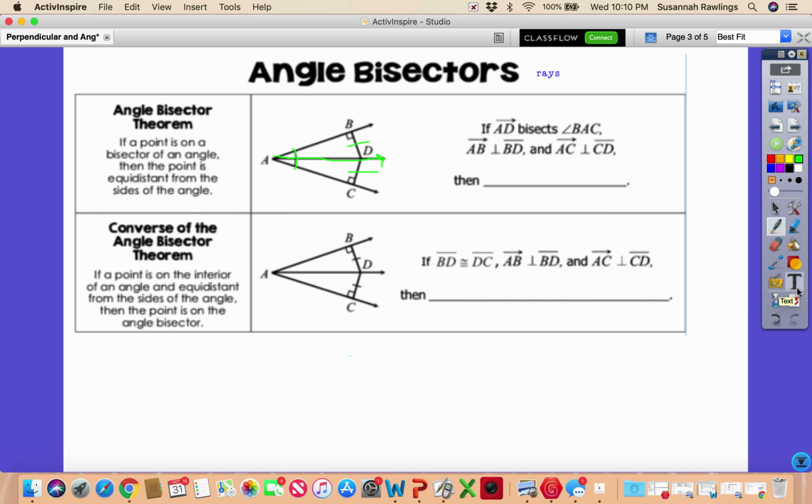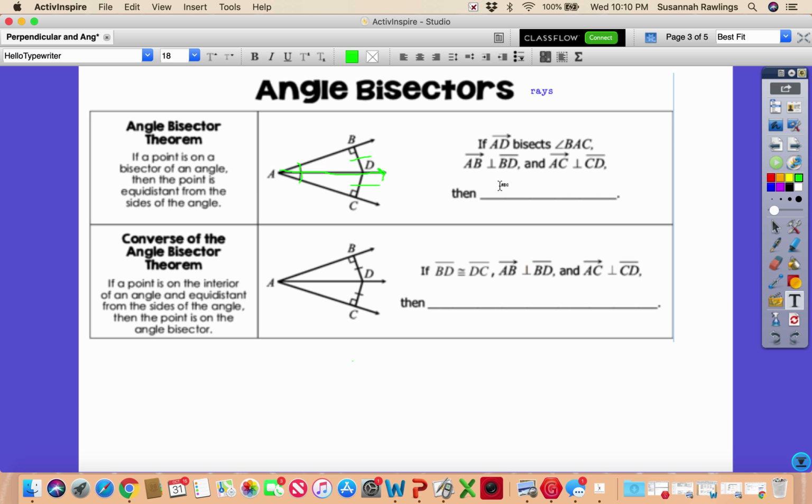We're just going to be setting things equal. So if I name this little piece, it's from B to D. So BD is congruent or equal to CD.